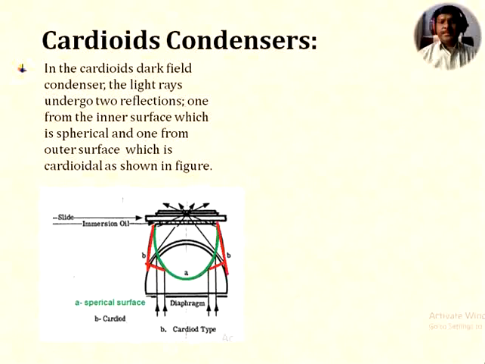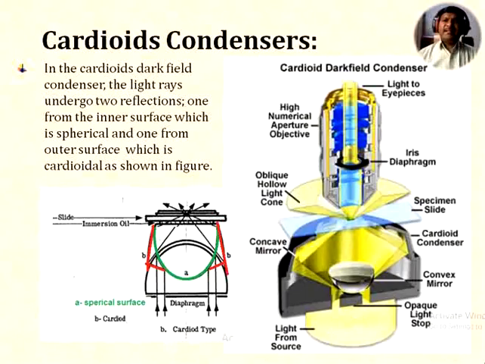So this is the cardioid dark field condenser, and here is the source of light, and to cut the light there is an opaque light stop, and then there is a convex mirror. We have already seen that there are two types of mirror, one is a concave mirror and another is a convex mirror, and now the cardioid condenser is there.